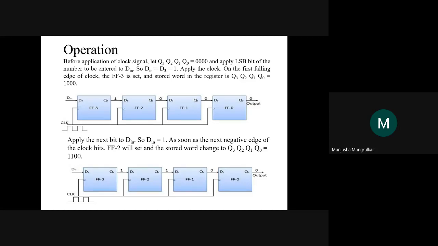Now the 1 has come here, and the rest are 0. For the next clock pulse, the D in bit is again 1. Now the 1 shifts into Q2 in this clock cycle, so the output is 1 1 0 0.